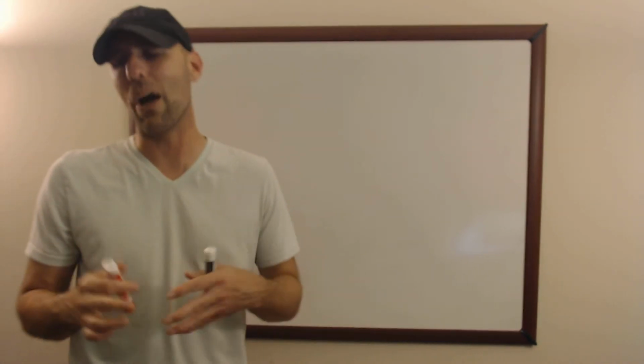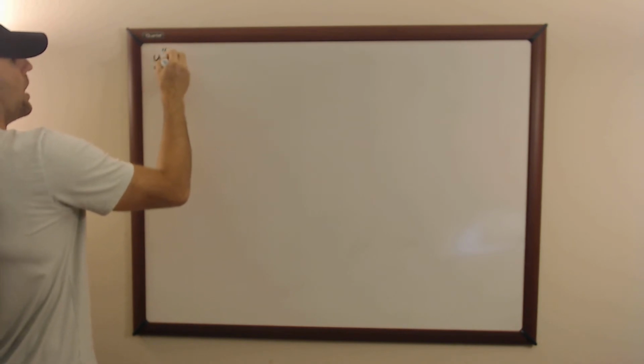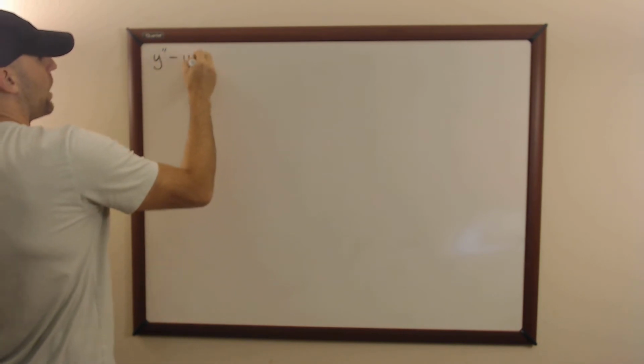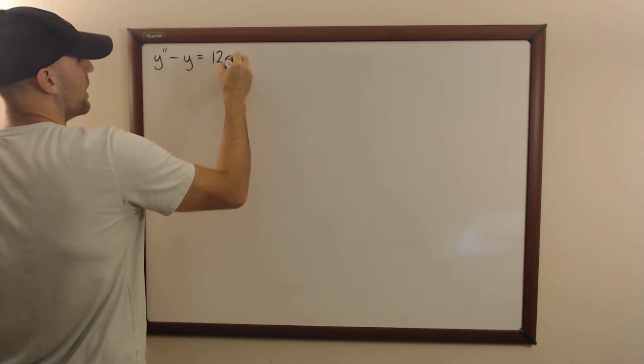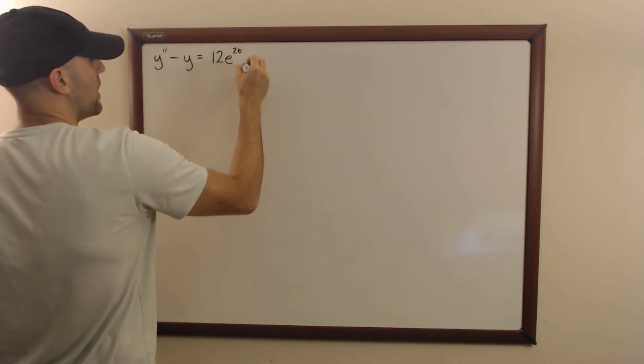So, okay, let's actually work a problem and see how this works in a practical sense. Okay, so let me pull out one here. All right, this looks fun. Okay, so I've got y double prime minus y is equal to 12 e to the 2t.